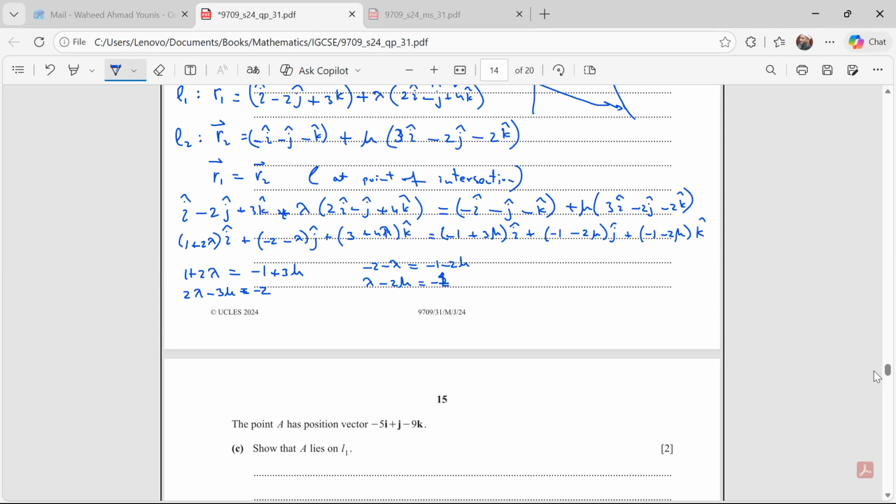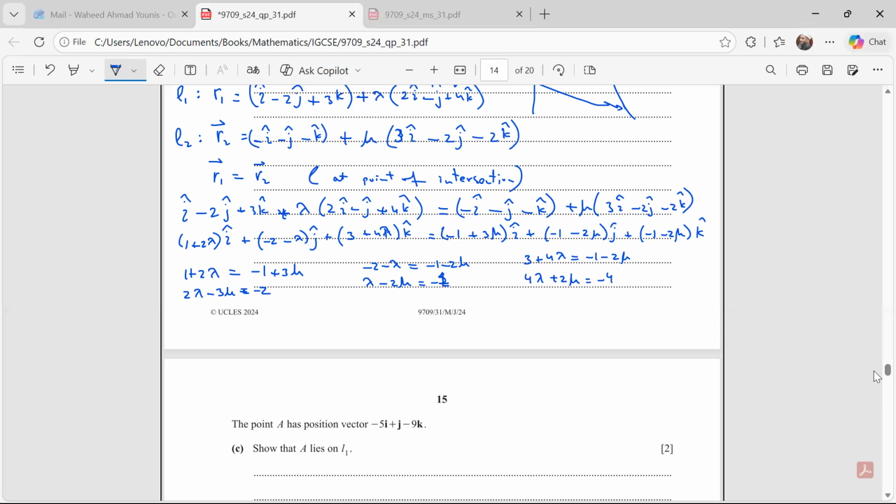Okay, similarly, if I equate the k part, it is 3 plus 4 lambda equal to minus 1 minus 2 mu. So from here, 4 lambda plus 2 mu is equal to minus 3 minus 1, minus 4. Okay, just want to confirm. 3 plus 4 lambda. Okay.